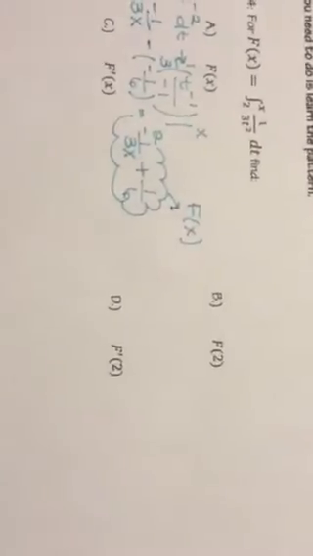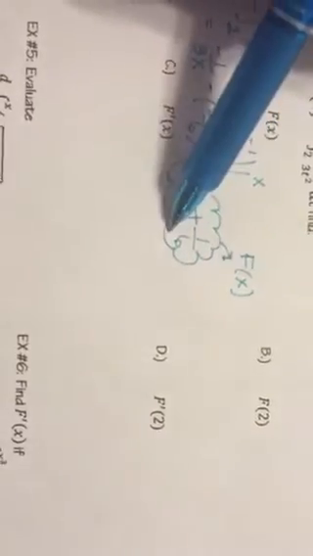Well, for part B, we can use our F of x and replace our x with 2. So we have negative 1/3 times 2 plus 1/6, which is then negative 1/6 plus 1/6, and that's 0.